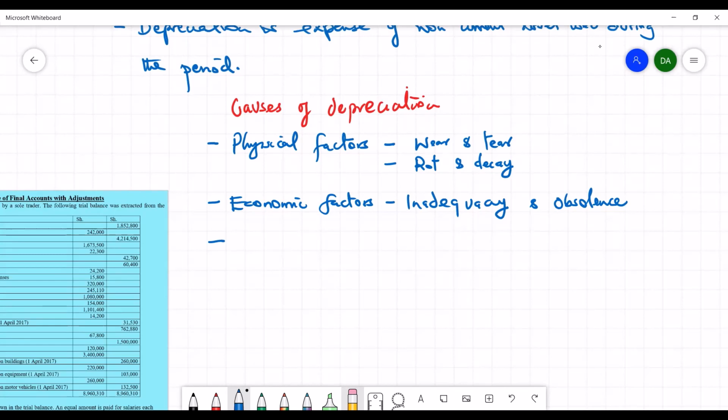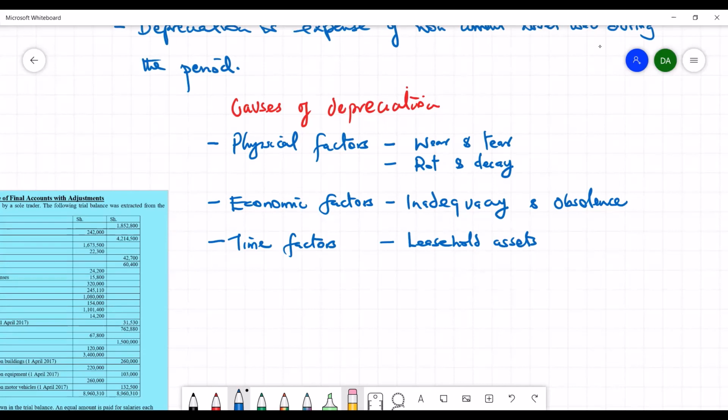Next one is time factors. And time factors affect leasehold property or leasehold assets. Leasehold assets are those assets which are held in leases, whose value for the firm reduces as the time of the lease reduces.